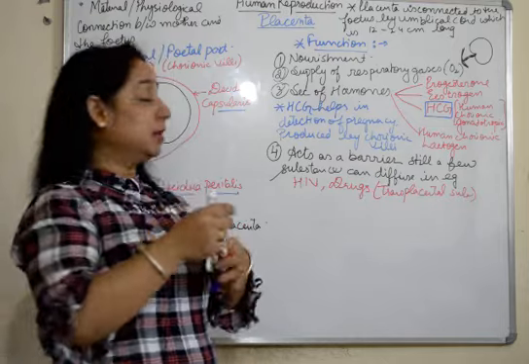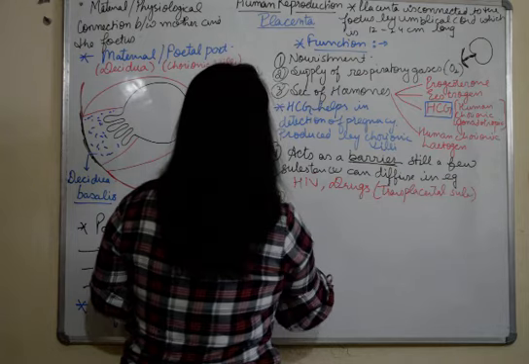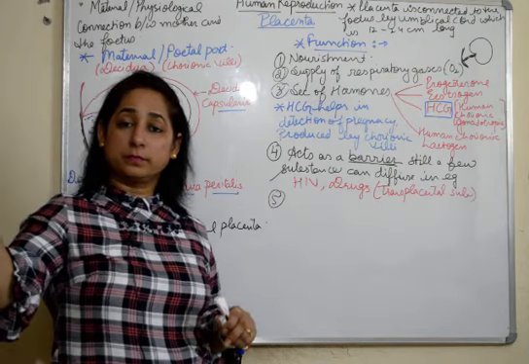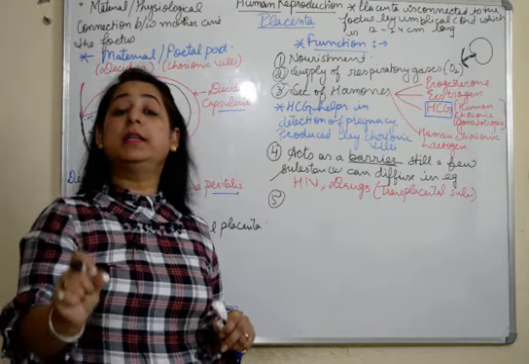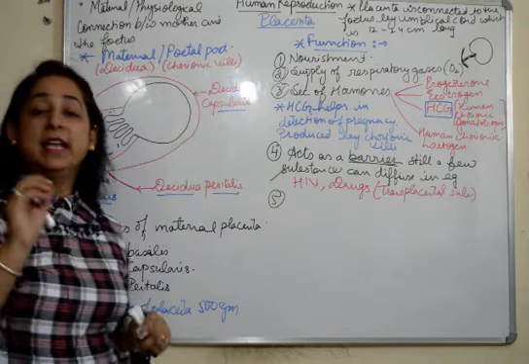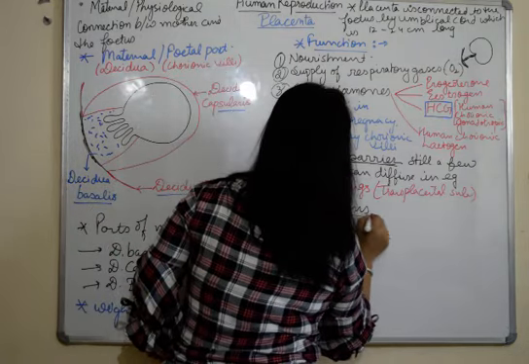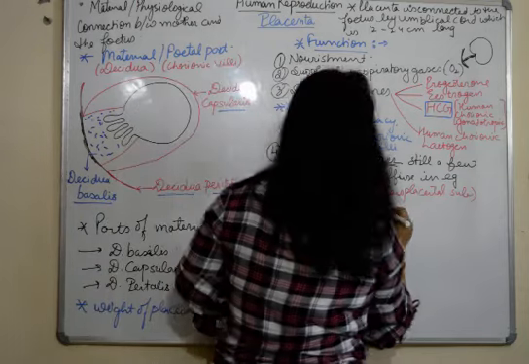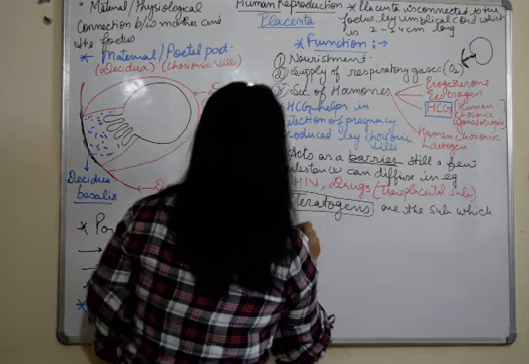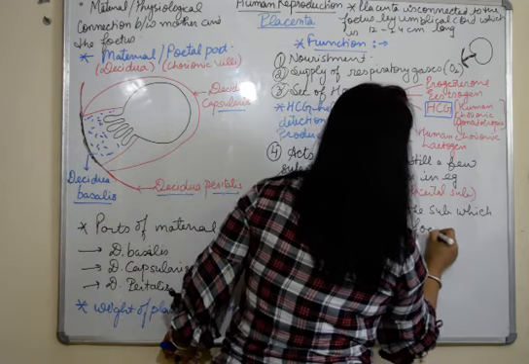Now there are certain substances which, in spite of the placenta acting as a barrier, can still pass to the fetus and lead to certain genetic defects or other defects in the body. These types of substances are known as teratogens. Teratogens are the substances which lead to defects in the developing fetus.